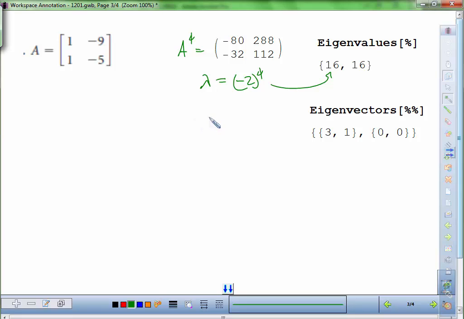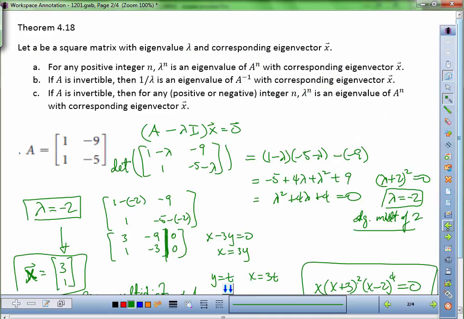So the eigenvector corresponding to this eigenvalue is also 3, 1. I think so. Yeah, we got 3, 1 before.